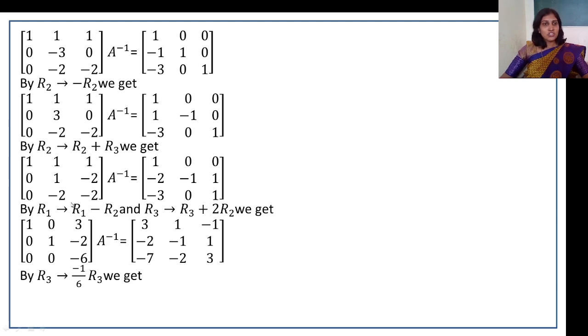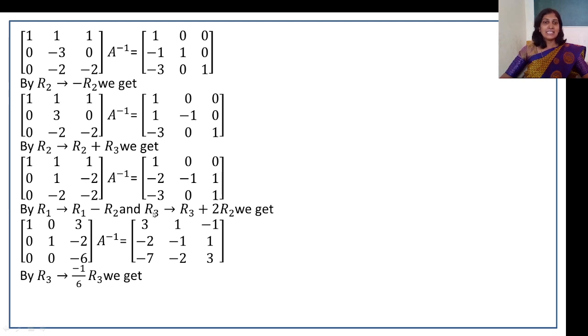Now next transformation, that is this and this becomes 0, that is R1 gives R1 minus R2 and R3 gives R3 plus 2R2. Apply this transformation on this matrix, that is R1 1 minus 1 0, 1 minus of minus 2, which is 3, 1 minus of minus 2, which is 3, 0 minus of minus 1, that is 1, and 0 minus 1, that is minus 1.